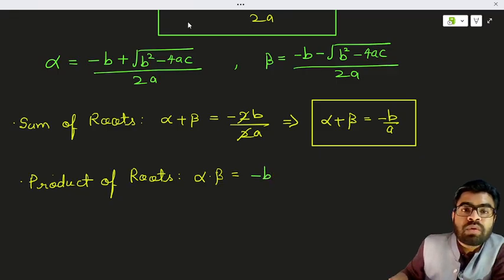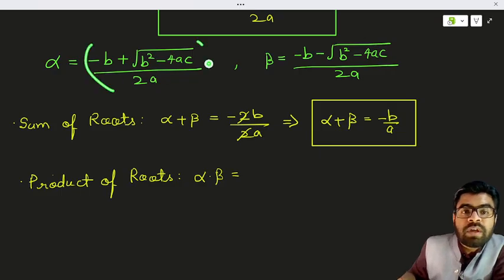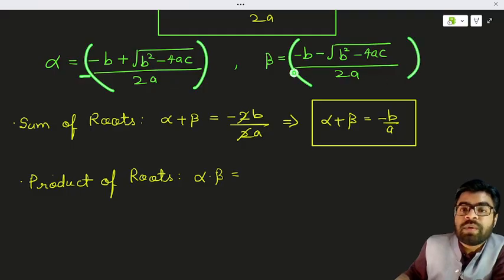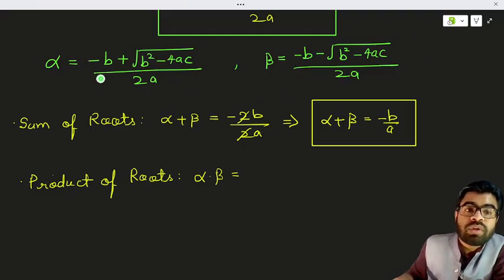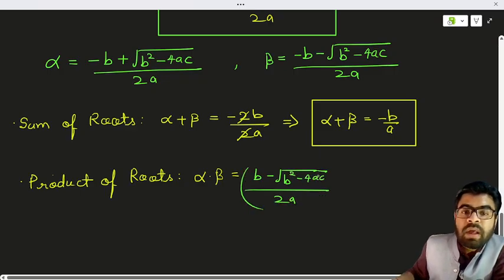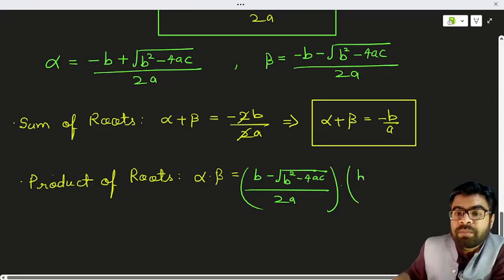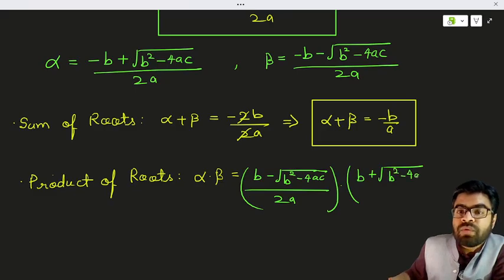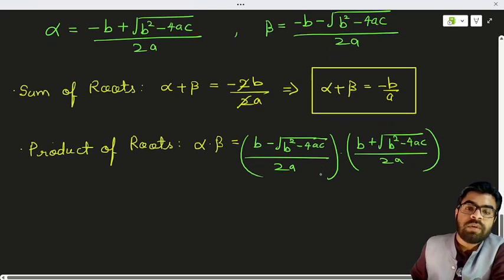Suppose I am taking minus as a common. Clear? What did I do here, I took minus common from this whole term and from this whole term as well. So what we get, because after multiplication minus minus will be positive, so here we get b minus root b square minus 4ac divided by 2a multiplied by, it is b plus root b square minus 4ac divided by 2a, because minus I took common and minus minus becomes plus.